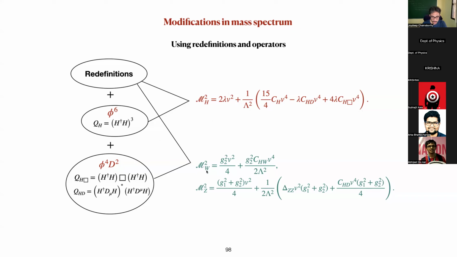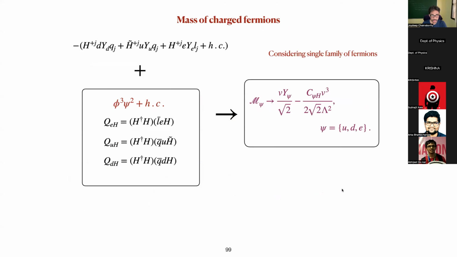Similarly, the W boson and the Z also have some additional contribution beyond their regular contribution, and there are dimension 6 contributions. So in this way, you can calculate all the mass spectrum, and you can visualize the additional contributions are proportional to 1 by lambda square and linear in these dimension 6 operators.